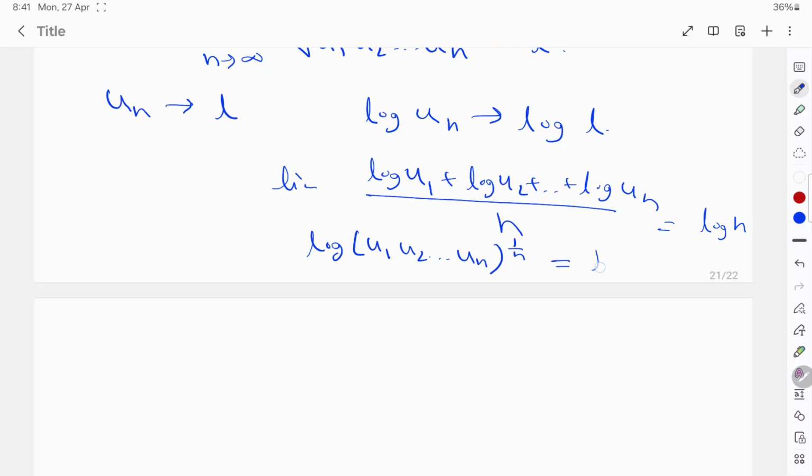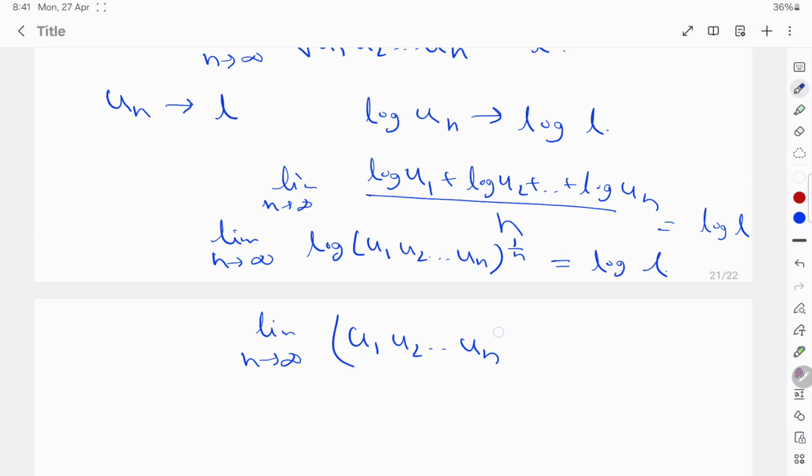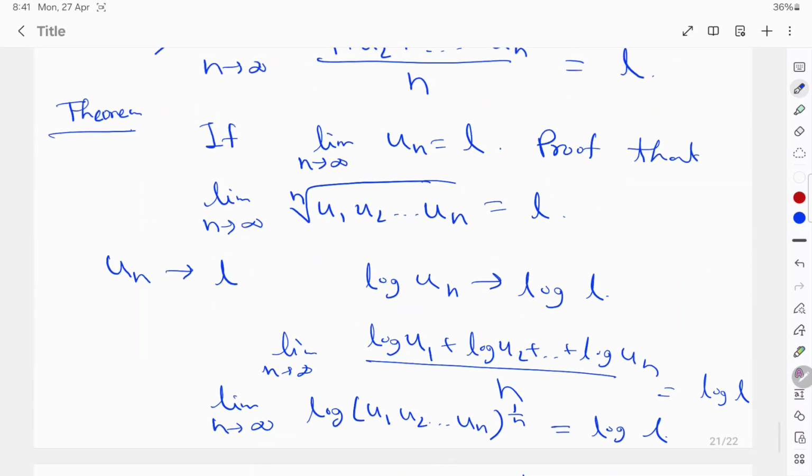So this is log of (u1 u2 dot dot u_n) to the power 1 by n, and this is L. Now if you cancel that log part both sides, what you will get is limit n tending to infinity (u1 u2 dot dot u_n) all to the power 1 by n, and this is equal to L. So you write this according to this part.